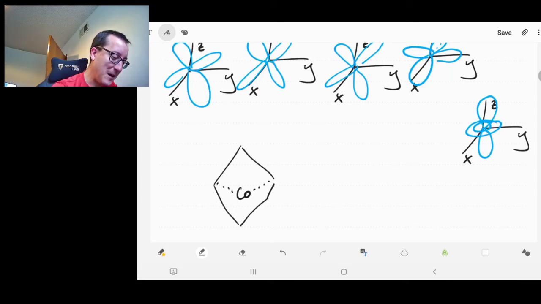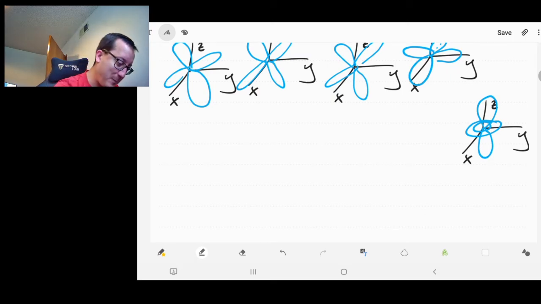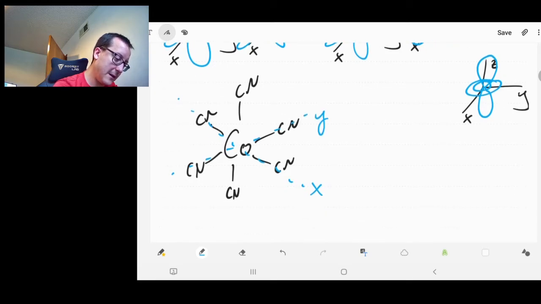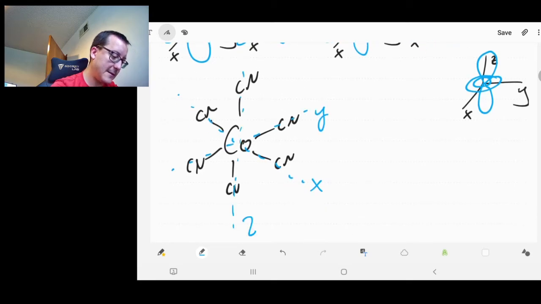Suffice it to say, though, if we look at where these ligands are going to line up when we put them on, so if we take our cyanides here, we have our x-axis here, our y-axis here, and our z-axis here, going up and down. Looks horrible, right?